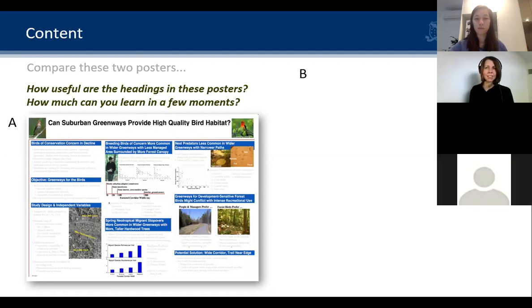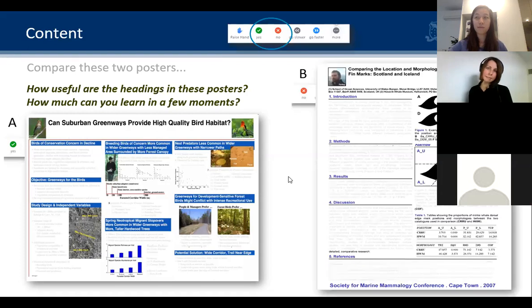Okay. So compare that to poster B, which is our traditional introduction, methods, results, discussion, references. Tell me, which is more useful? Which one can you learn more from in a moment of reading them? Can you click on participants for me?